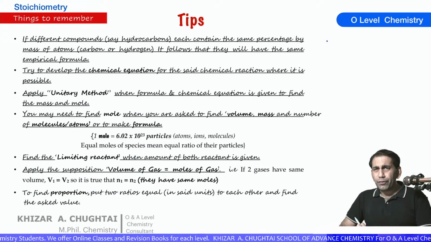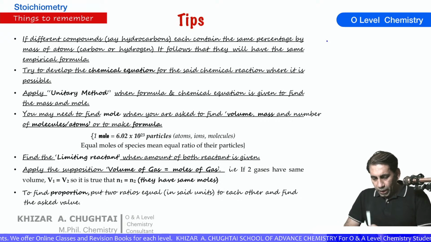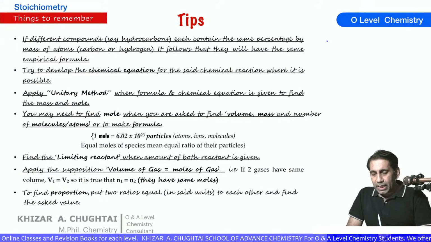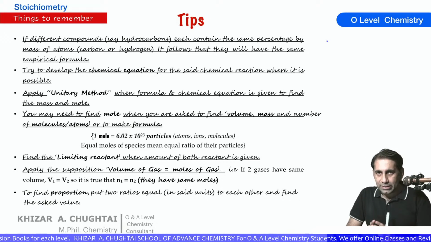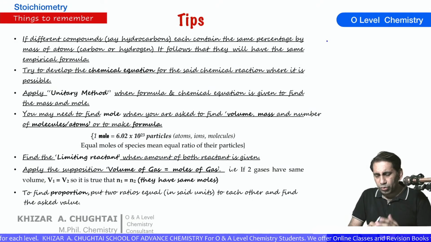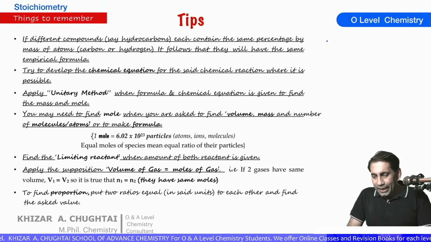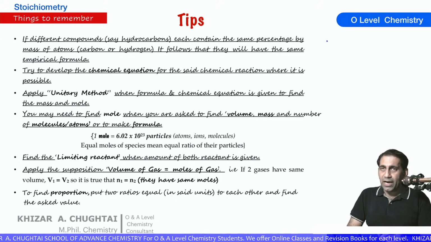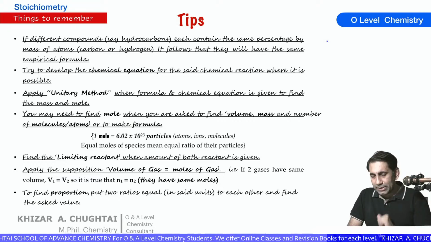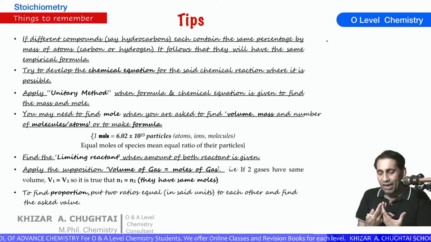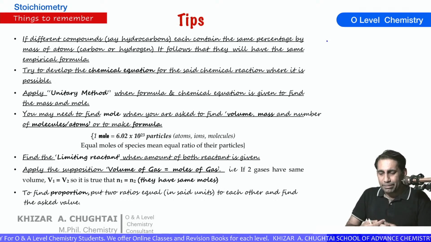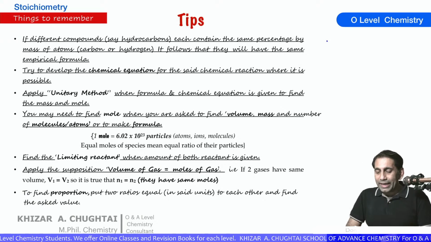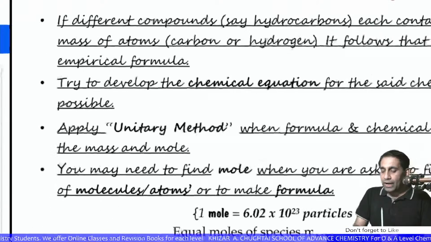Here are a few tips and tricks, you can say. If different compounds have the same elements, carbon, hydrogen, oxygen, and so on, and if they have the same percentage of atoms by mass, let's suppose the same percentage of carbon by mass and the same percentage of hydrogen by mass, then their empirical formula will also be the same.